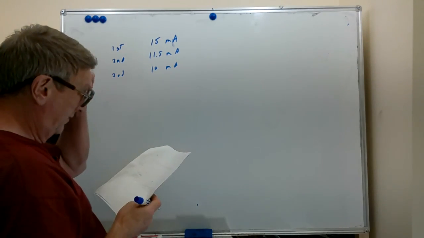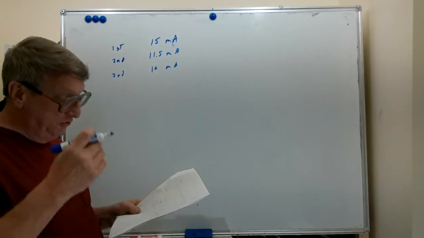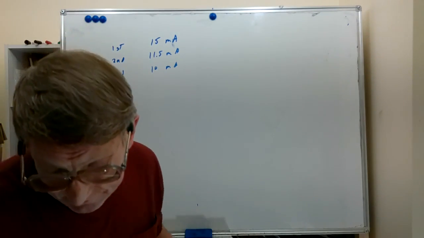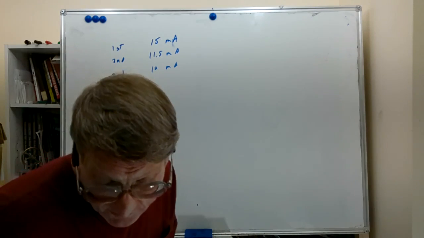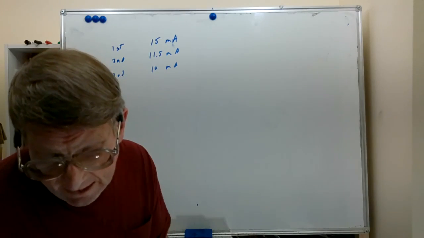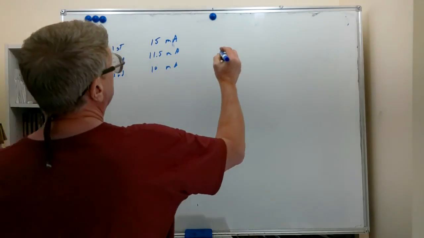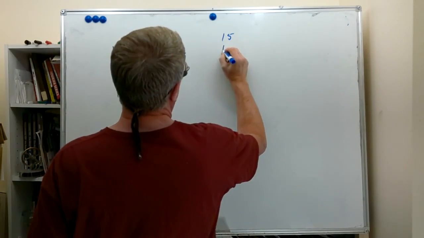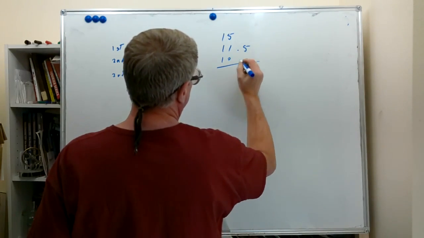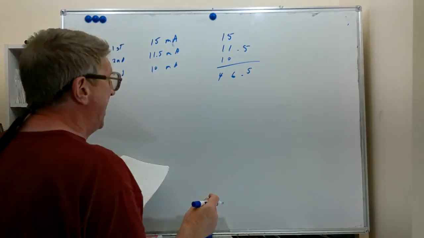Now we want to find the average of those. We want to add them up and divide by 3. So 15, 11.5, 10, 5, 6. So this comes to 46.5, the total.